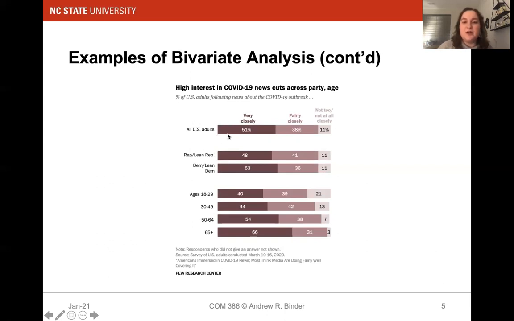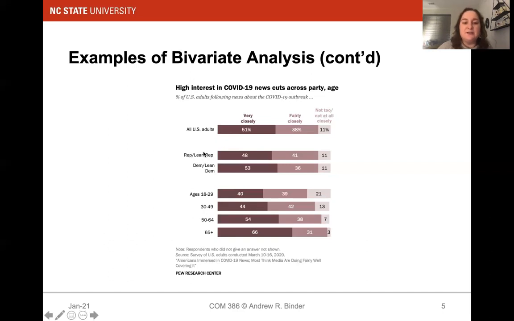The first up top is the percentage of adults surveyed and how closely they were following news about the outbreak. People could choose that they were following very closely, fairly closely, or not really at all. What this top bar tells us is indicative of a univariate analysis because it's strictly asking how closely they're following the news. That's the only variable you're interested in here.